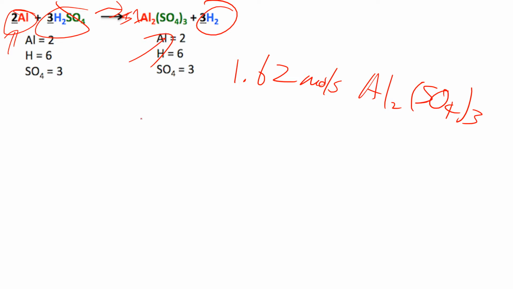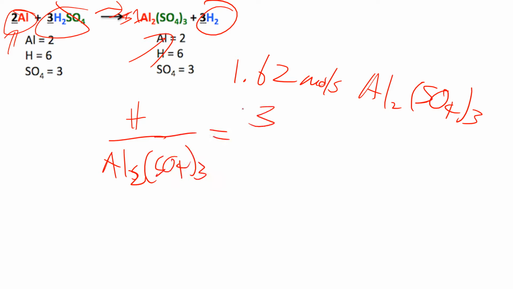So once again, mole ratios. Hydrogen over aluminum sulfate is equal to 3, because the coefficient here is 3, and aluminum sulfate is 1. All this is saying is for every 1 molecule of aluminum sulfate, we will produce 3 molecules of hydrogen.